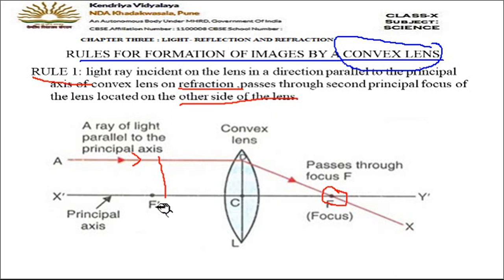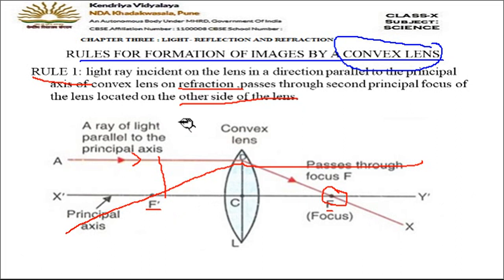I think it is clear to you all that there are two focus points of the lens, one on either side. If a light ray comes from this side, then it would have passed through this focus point. Light can come from either side, so on both sides the lens has a focus point.